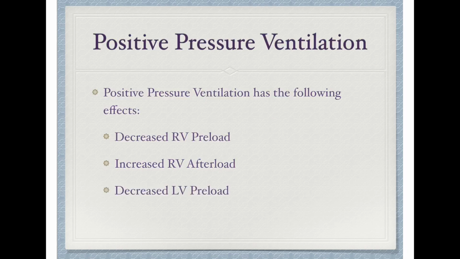It decreases LV preload over time as less blood is flowing from the right side of the heart into the left side of the heart as a result of the combination of the decreased RV preload and increased RV afterload. And finally, and most notably, it decreases the LV afterload. You can think of the positive pressure as giving an extra squeezing force on the heart and making it easier for the heart to start pumping blood out into the aorta.